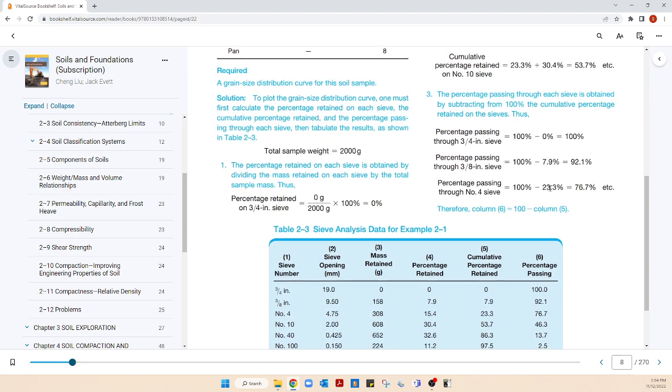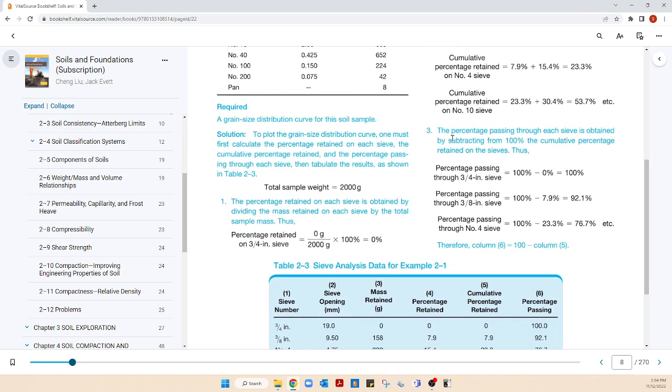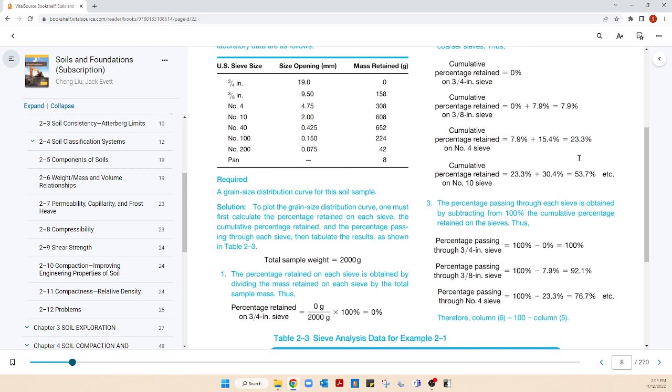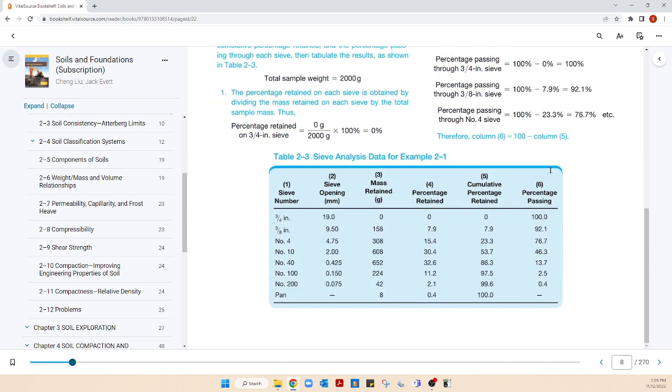So I can just throw this out here. Let's see what it says. The percent passing through each sieve is obtained by subtracting from 100% the cumulative percentage. So look at the cumulative percentage right here.